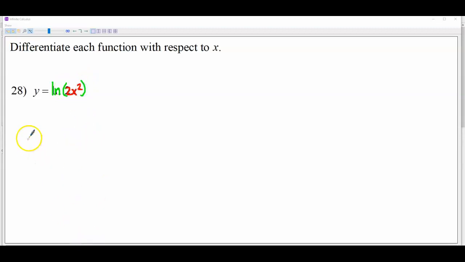So when you're taking the derivative of a log function, you're going to do the derivative of the outside. And the derivative of log is 1 over whatever your inside is. And in this case, that's 2x squared. And then we multiply that by the derivative of the inside. So the derivative of this is 4x.